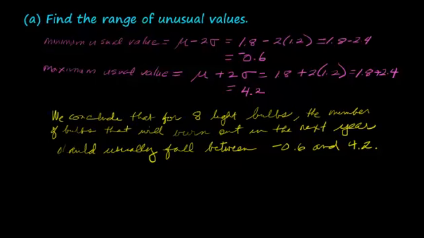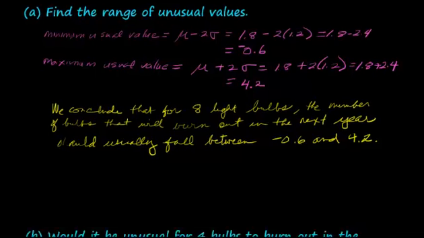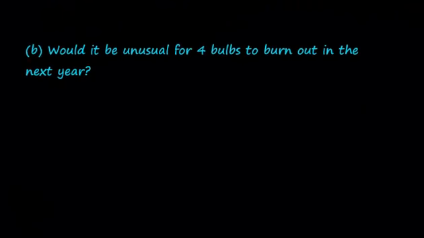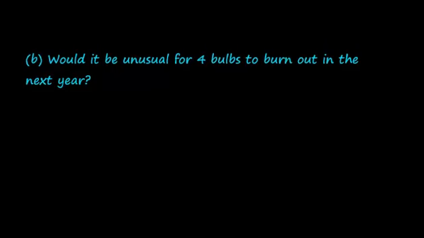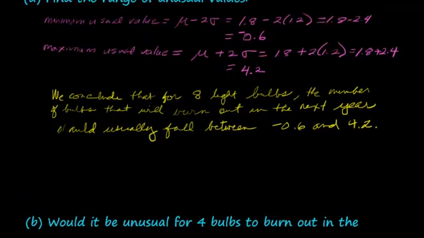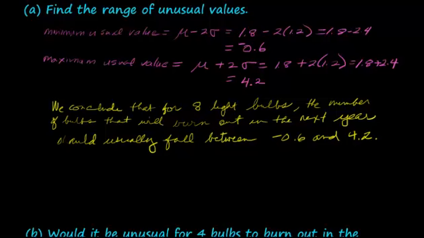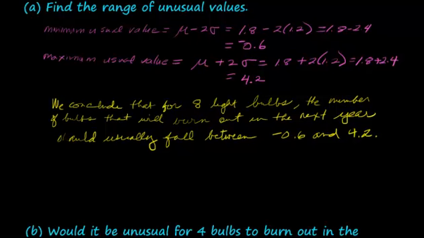Okay, well, part B, let's see what we're asked to do here. This is how we can use this information. Would it be unusual for 4 bulbs to burn out in the next year? Well, let's look. Is 4 in the unusual part of the range of this data set, or is it in the usual part?